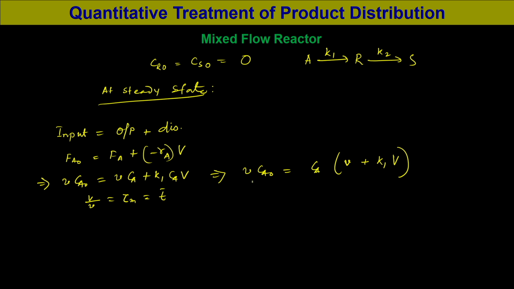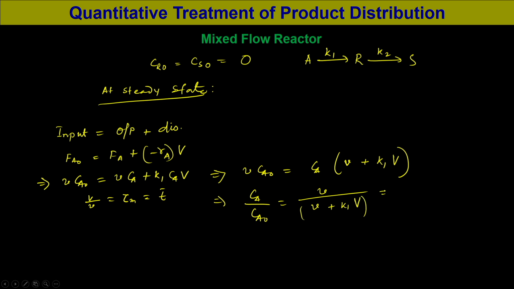So, we can write from here V Ca naught would be equal to Ca into V (volumetric flow rate) plus K1 into V. So, from here we can write Ca by Ca naught is equal to V (volumetric flow rate) by V plus K1 into V, volumetric flow rate plus K1 into volume.